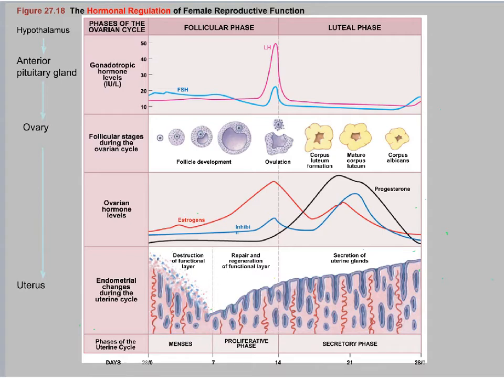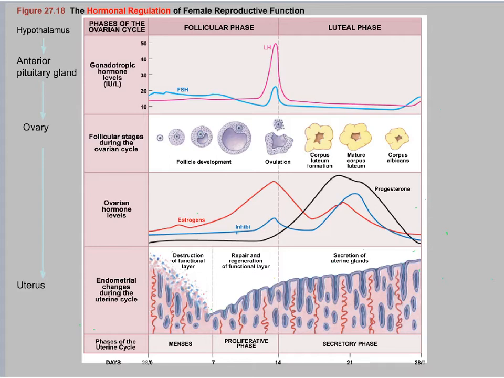And that's going to be under the control of follicle-stimulating hormone. So follicle-stimulating hormone is going to cause that follicle to gradually enlarge and undergo some changes. You'll see that there's this antrum, or this fluid-filled space right here that is going to eventually cause the follicle to rupture and cause ovulation.